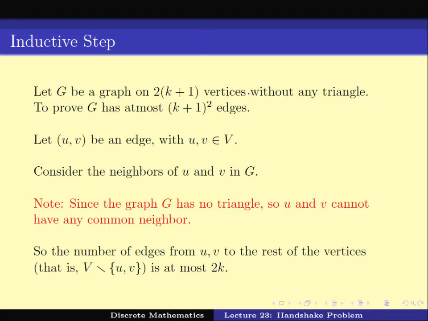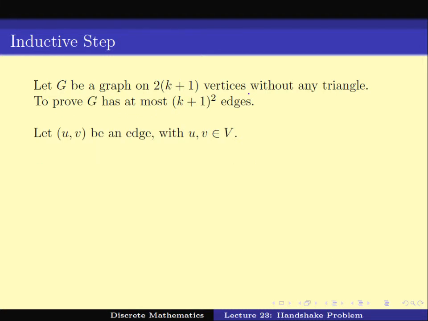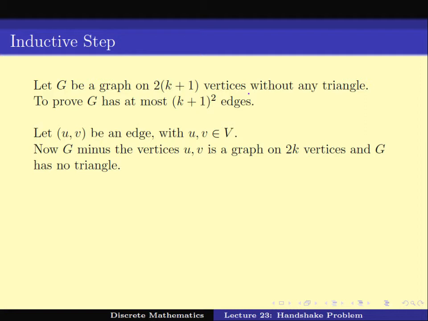Now to complete the proof, the third step. Here again, we had G, which was a graph on 2k plus 1 vertices without any triangle. I picked out U, V, which has an edge. Now look at G minus the vertices U, V. Now that's the graph on 2k vertices.